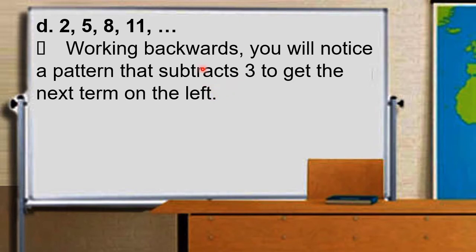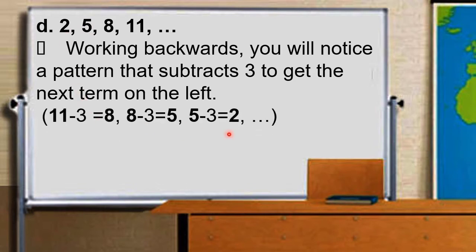Okay, so ang naging strategy dito sa sequence na to, nagsasubtract ng 3 to get the next term on the left. So, working backwards siya. 11 minus 3 equals 8. 8 minus 3 equals 5. 5 minus 3 equals 2. Ayan siya.